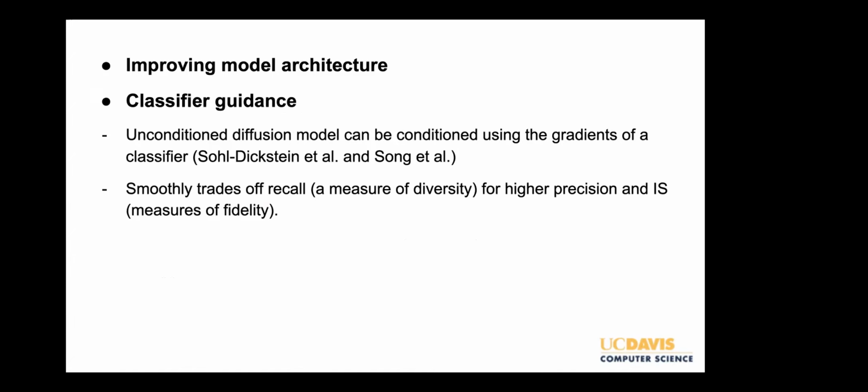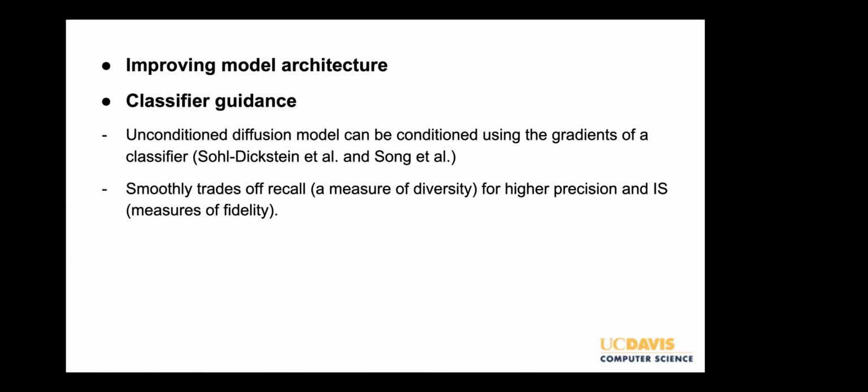First, they came up with a better architecture for diffusion models through a bunch of ablations, and this improves FID enough to obtain state-of-the-art results for unconditional generation. For class conditional generation, the authors use a technique called classifier guidance, where they train a classifier to classify the noised images and then take its gradient with respect to the target label, that is y, as a guiding signal during the sampling process.